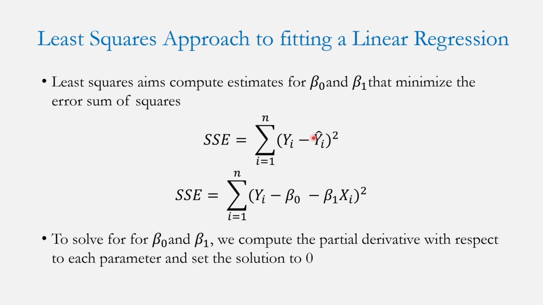In order to solve this equation, the approach is to employ calculus, where we'll be doing a partial derivative with respect to each parameter. So we do a partial derivative of this equation with respect to beta naught, then set the solution to 0 so that you can find the value of beta naught. Then repeat the same procedure, but now with the partial derivative with respect to beta 1, and set the solution to 0 so that you can obtain the values.